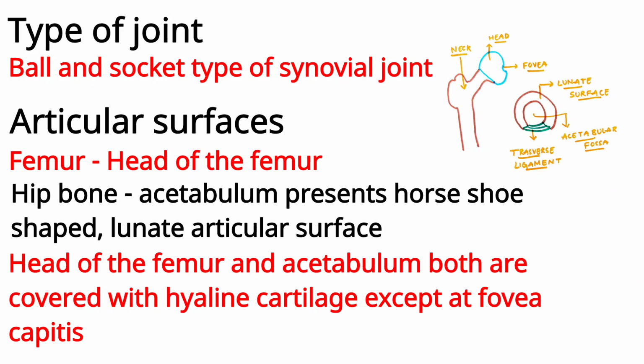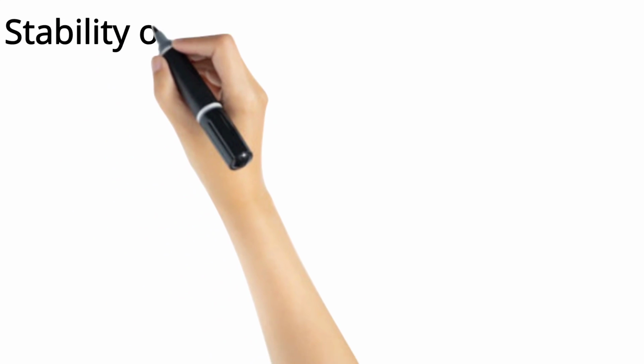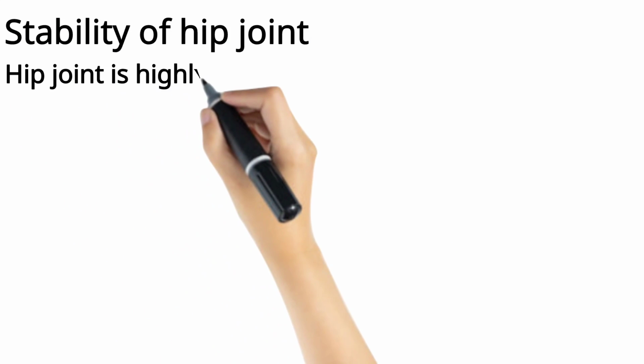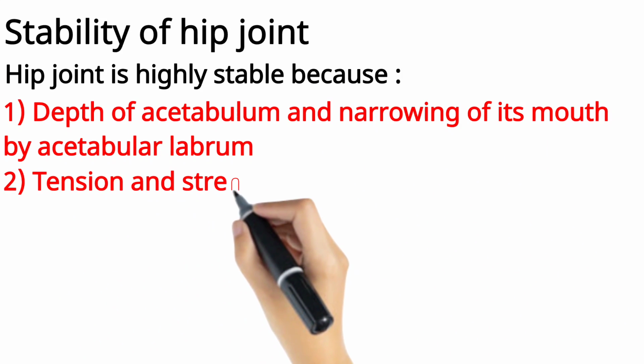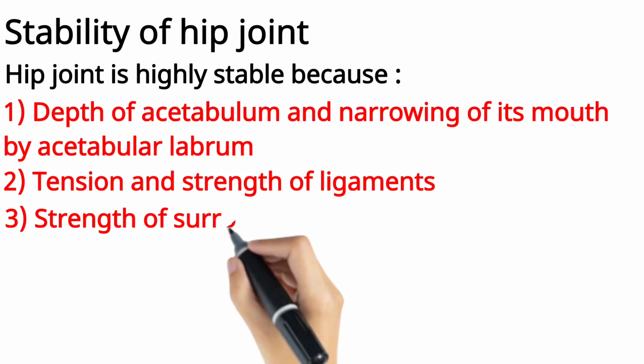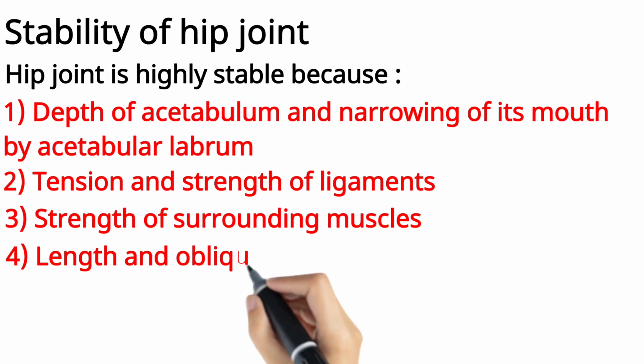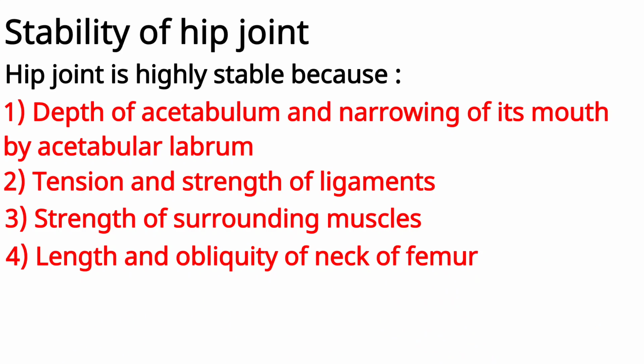This acetabulum and the head of the femur combine with each other and form the joint known as the hip joint. Remember, both the surfaces of the bones are covered with cartilage known as articular cartilage, which is hyaline in nature.